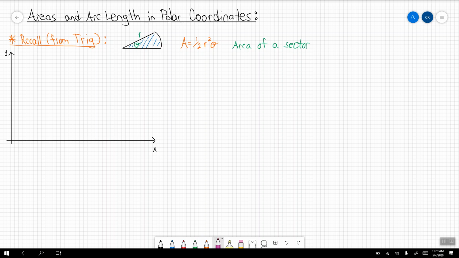What I'm going to do here is draw some function in these polar coordinates. It'll look like this. And for this function, I'm going to say r is equal to f of theta.